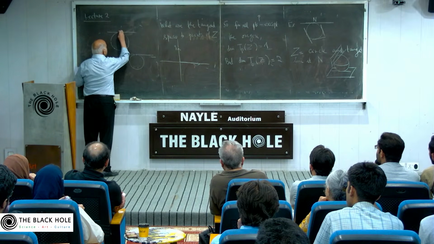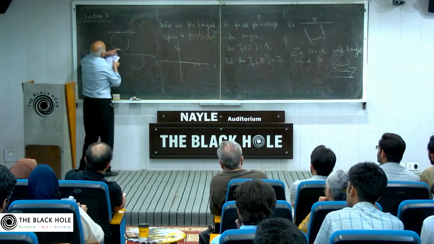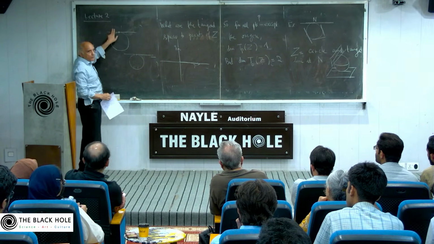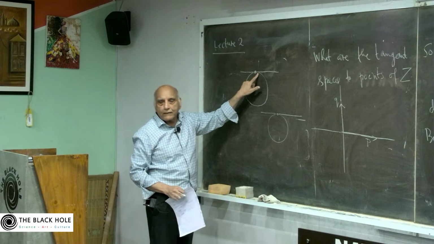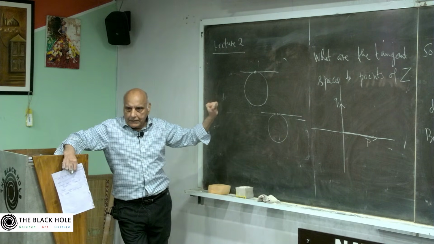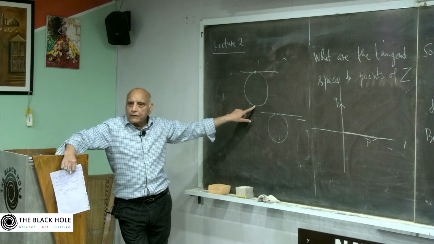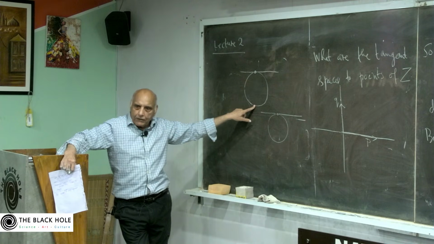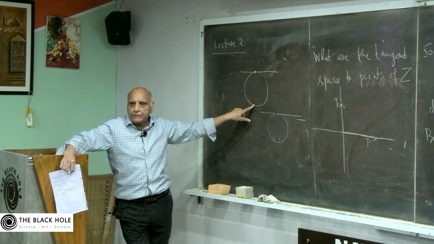If I remove this point, then one component you can have is this, another component is that, and the third is this. So it is disconnected and has three connected components. Whereas when I remove any other point like this, it stays connected. You can go from any point except this point to any other point.